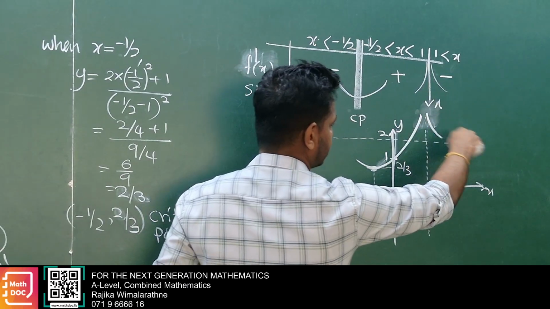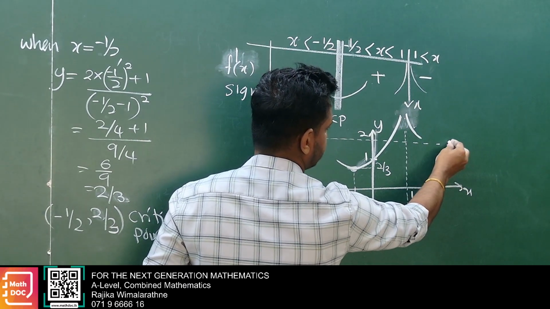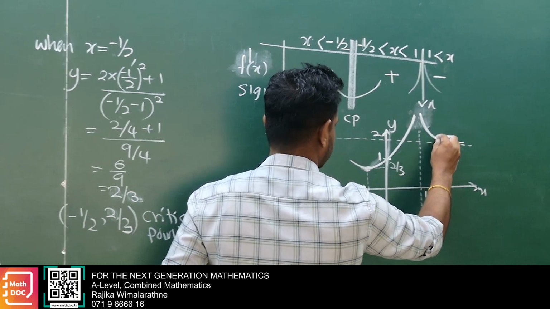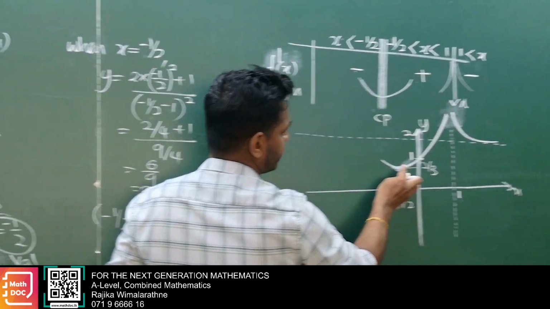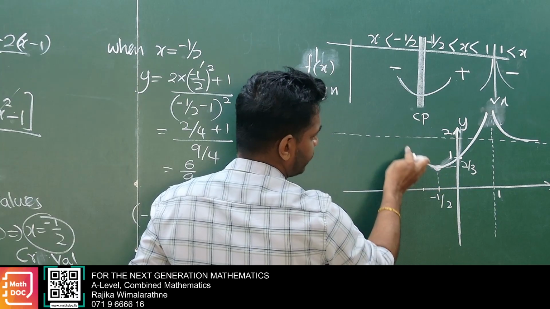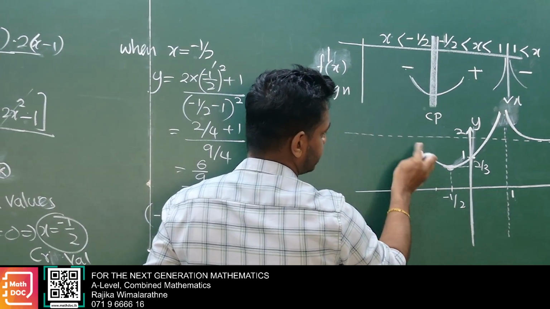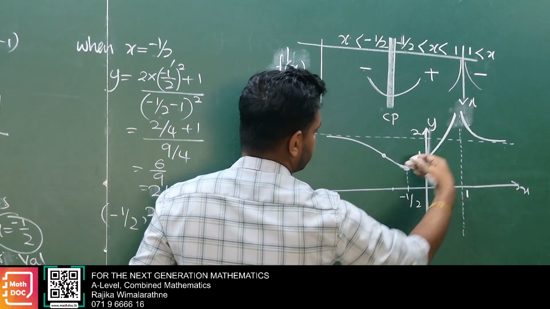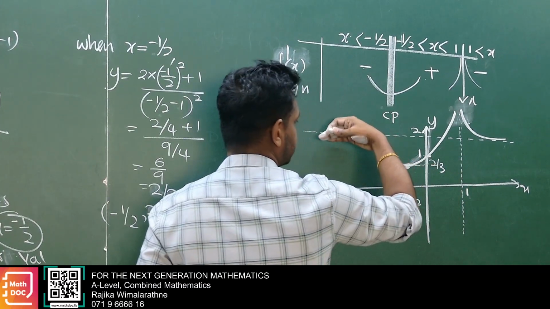Now you have to touch that one when x goes to infinity. You touch this side. Then here it is concave up, then you have to change that into concave down.